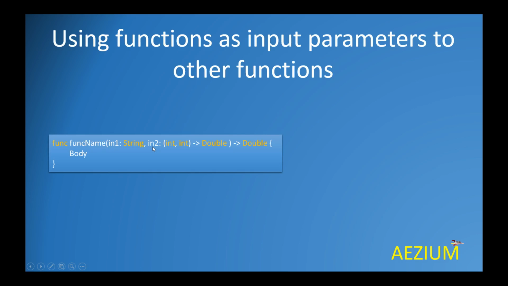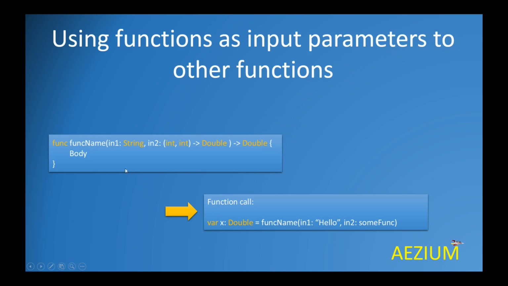It has two input parameters. The first input parameter in1 is of type string, and the second input parameter in2 is of a function type defined by this format. FuncName returns a single value which is of type double.